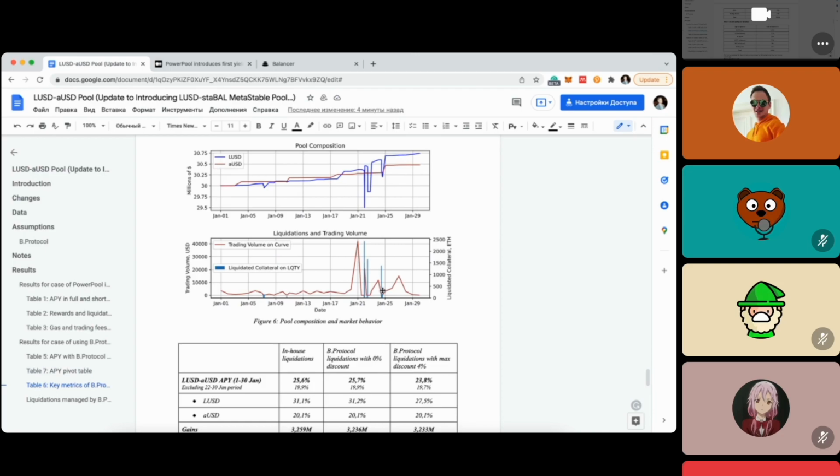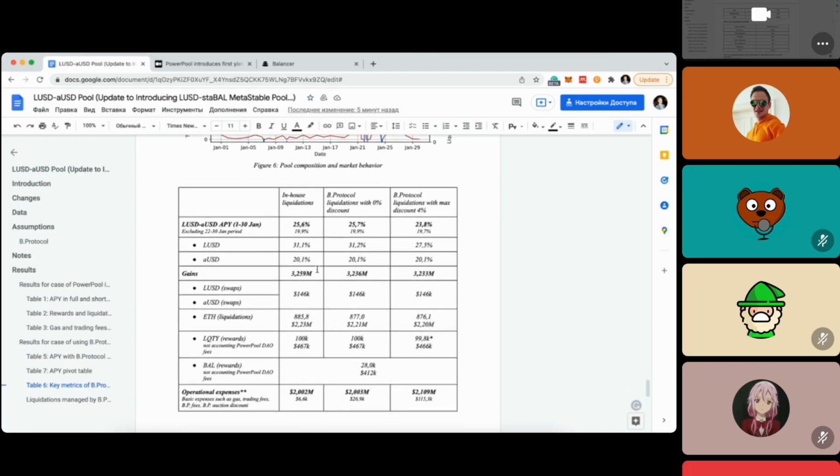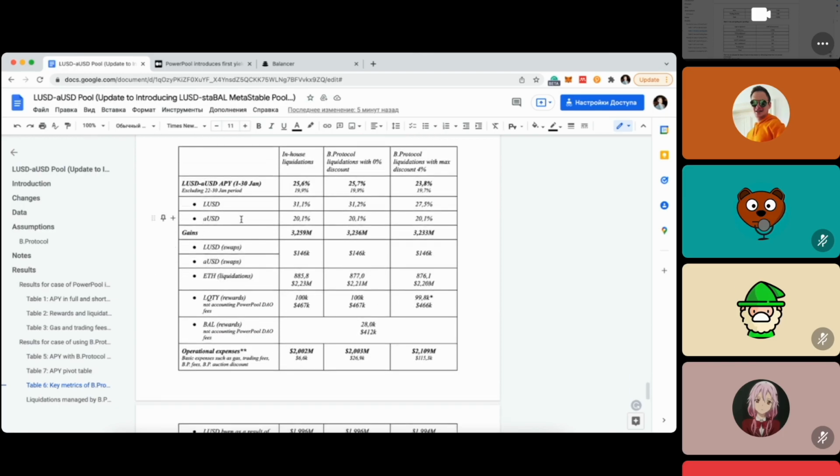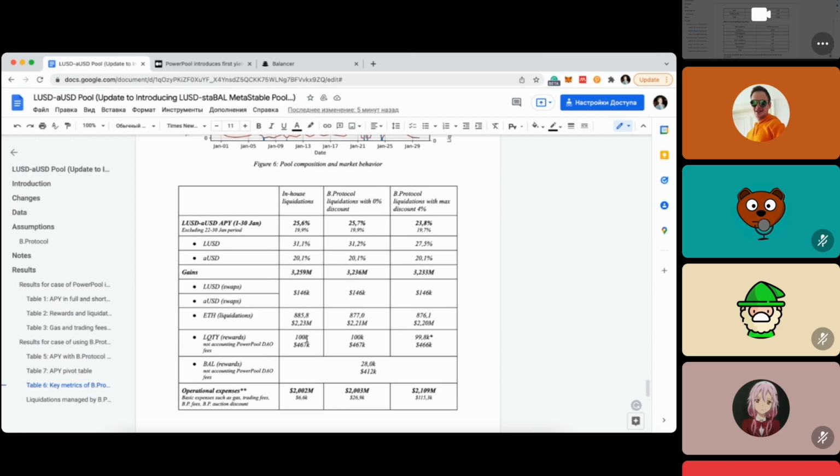So basically we are there with the curve pool and some other liquidity sources, but mainly competing with the curve pool. And here we have all the statistics, so gains, losses, expenses for gas. So everything can be found here, so we can discuss it probably.